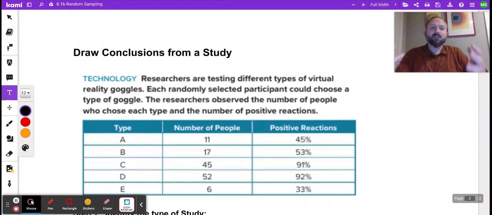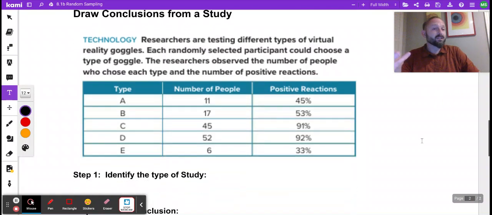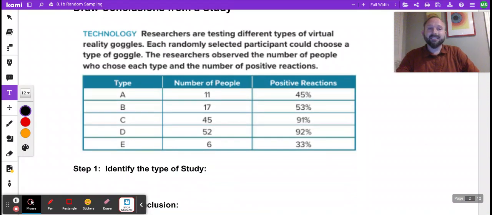So, for example, we're going to look at this. We've already asked our question, we've written down the results. In this one, researchers are testing different types of virtual reality goggles. Each randomly selected participant could choose a type of goggle. The researchers observed the number of people who chose each type and the number of positive reactions. So we look and we're like, hey, some had some really good positive and some didn't.